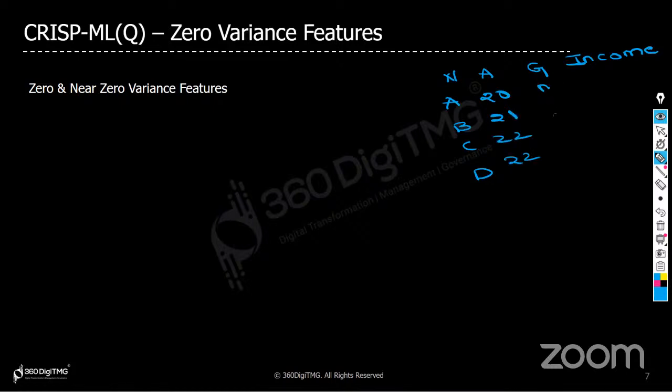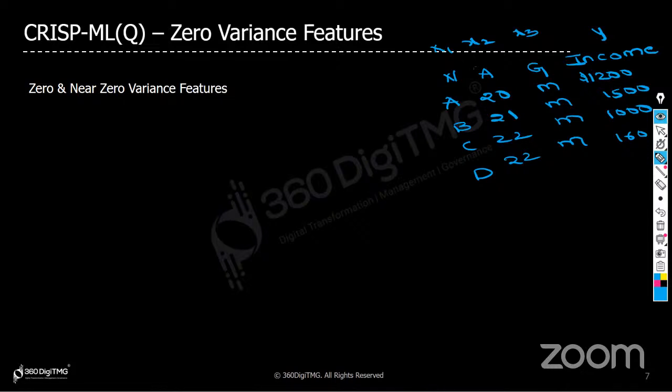And gender, this is male, this is male. And income. So these are the various values present in your data set. Now this is the output variable and these are the input variables, x1, x2, x3.